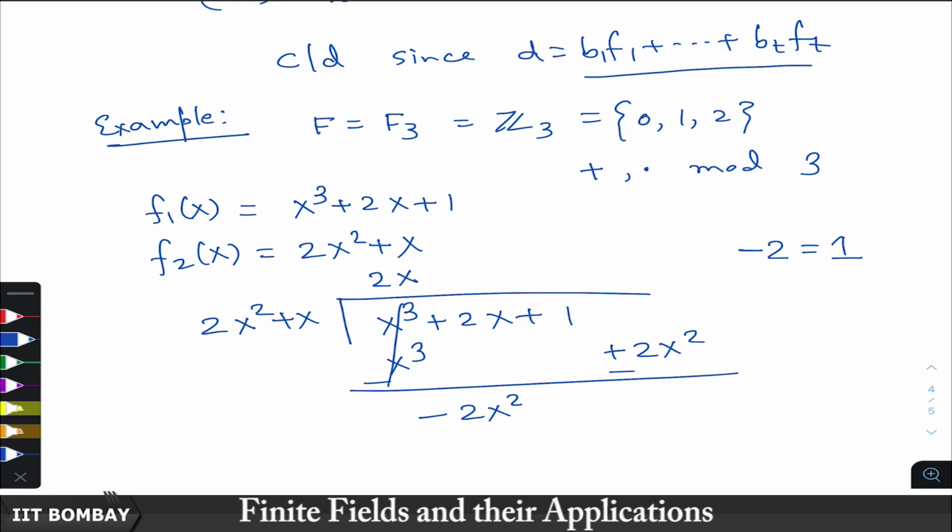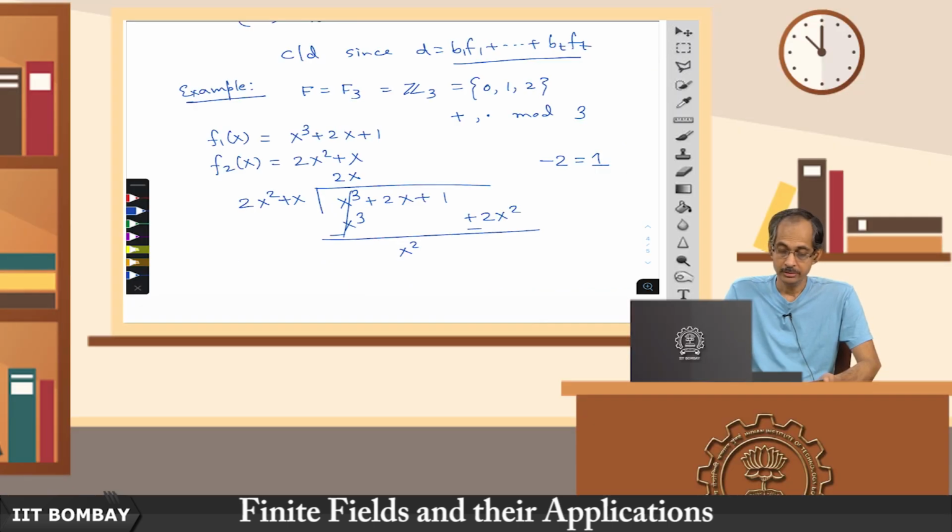So, instead of minus 2x square, we will write it as x square. So, x square plus 2x plus 1, and then we again take plus 2, we get x square plus 2x.